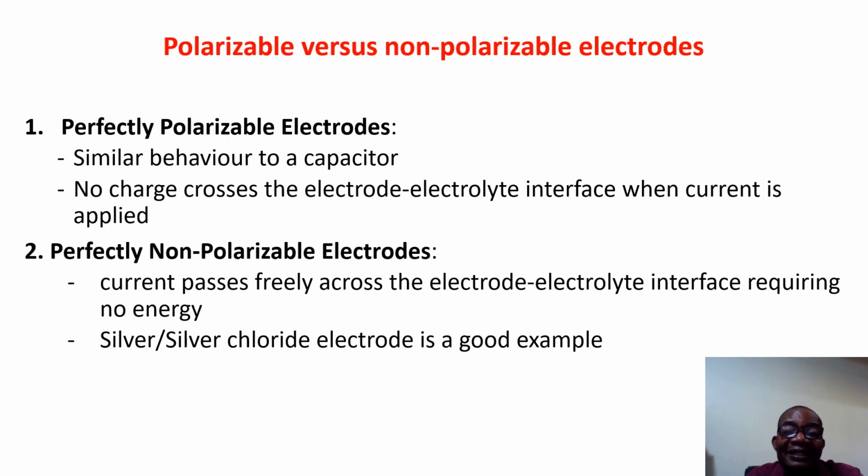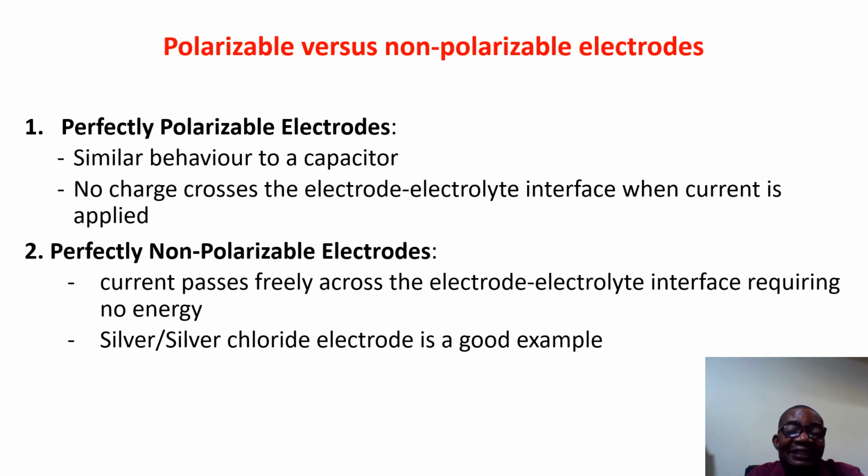Now let's look at polarizable versus non-polarizable electrodes. What are perfectly polarizable electrodes? Perfectly polarizable electrodes usually behave like a capacitor in the sense that they store charges and do not allow charges to cross the electrode-electrolyte interface when we try to apply current to them.